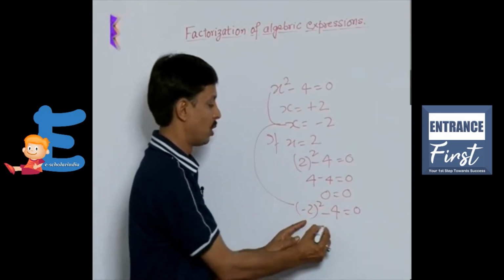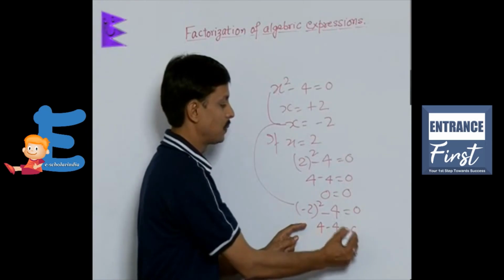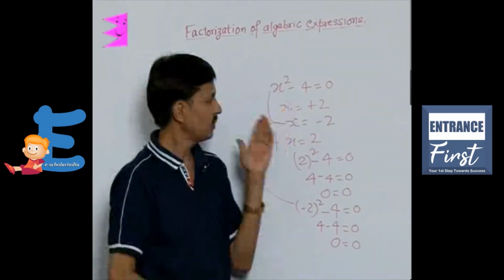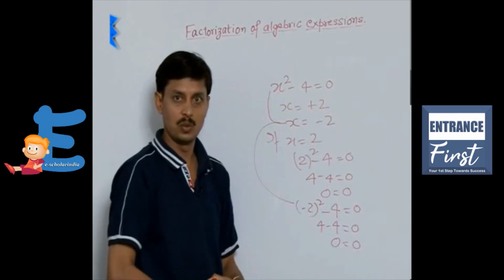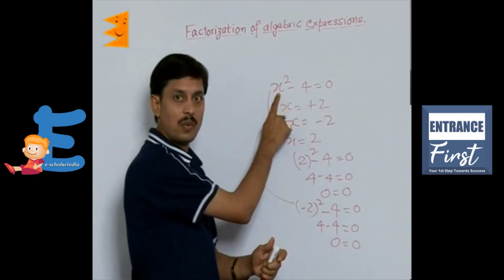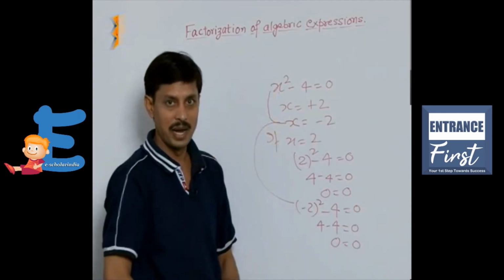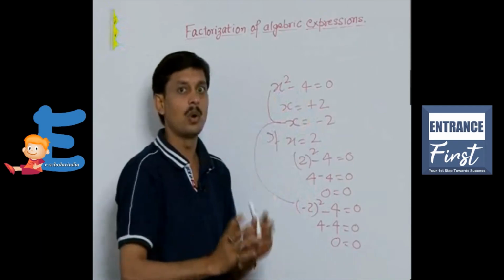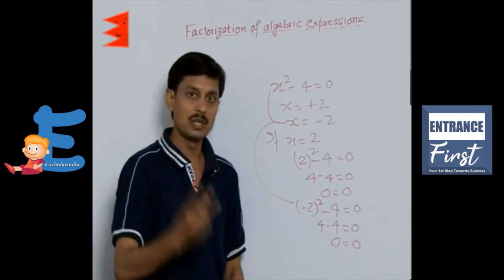The square of minus 2 is also plus 4. Minus 4 is equal to 0, so 0 is equal to 0. One value, plus 2, is a solution for this equation, and the other is minus 2. So it is verified or true only on the two positions, plus 2 and minus 2.